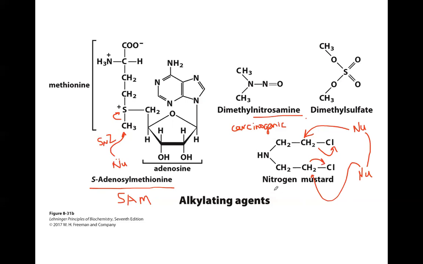But things like nitrogen mustards, for example, are used to treat cancer. It's interesting. Whatever is carcinogenic is often used to treat cancer, right? It's actually quite amazing that the same agents which are given to cancer patients also cause cancer, right? They either kill or cause cancer or do both at the same time.